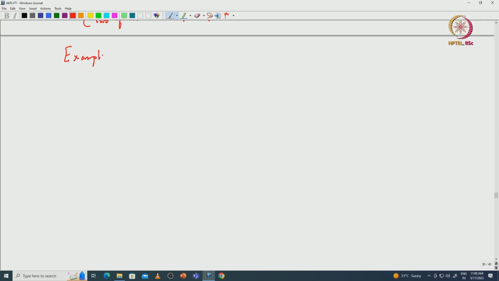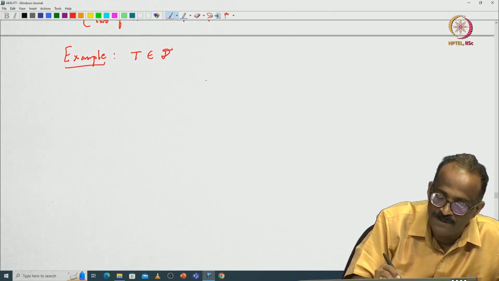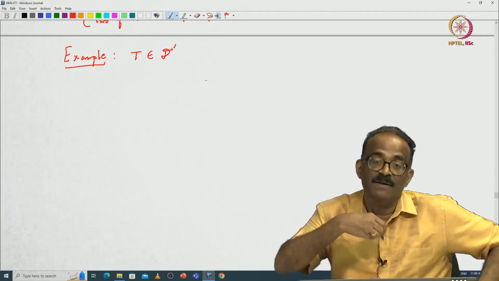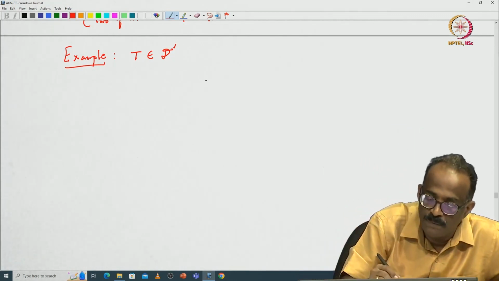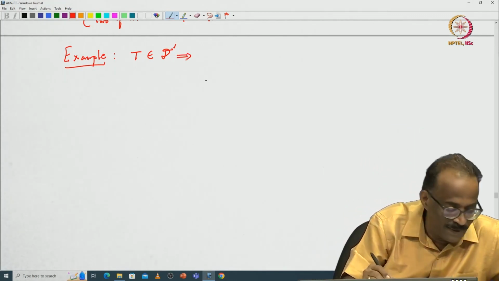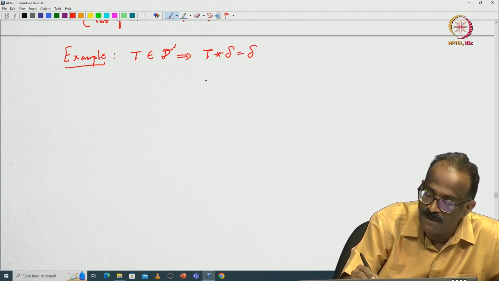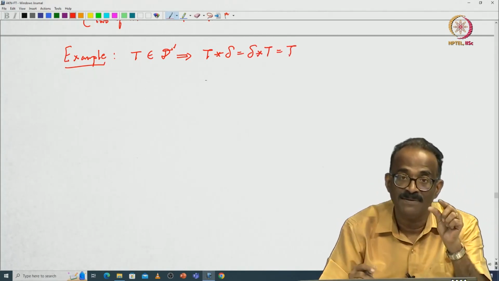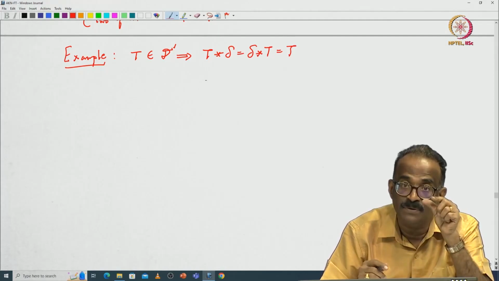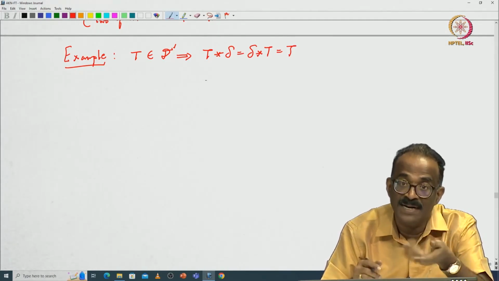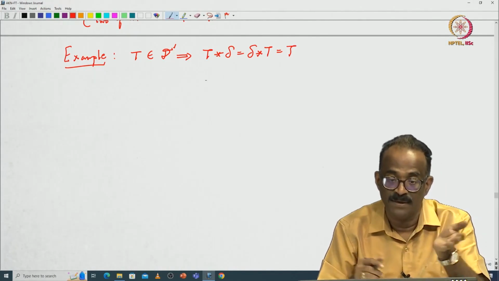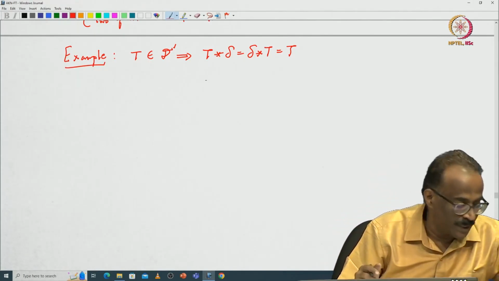You will see now in the class of distributions how the Dirac delta is typically an identity under the convolution product, that implies T star delta is equal to delta star T, that is equal to T. So you see, in the class of distributions under convolution products, delta works like a unity, an identity, under that product.